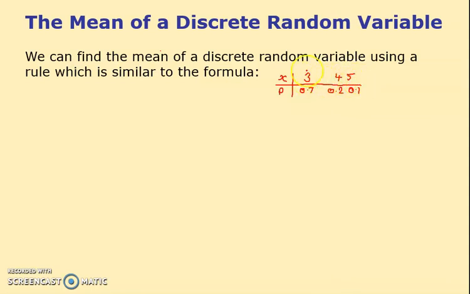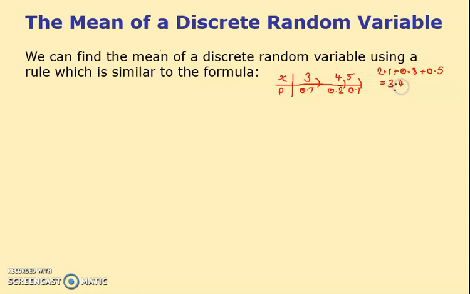And here's the trick, you just multiply these together, a bit like you did when finding the mean of a frequency table. If you do 3 times 0.7, you get 2.1, plus 4 times 0.2, that's 0.8, plus 5 times 0.1, that's 0.5. Now if I add those together, I get 3.4.